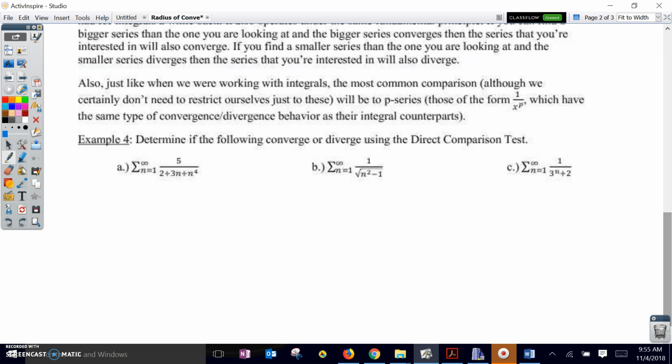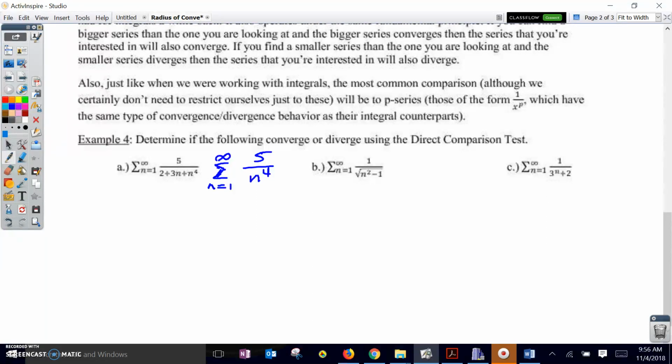And the series I'm going to compare this to in this case is the sum from 1 to infinity of 5 over n to the fourth. Now we know that 5 over n to the fourth converges because 1 over n to the fourth converges because it's a p-series with p greater than 1.